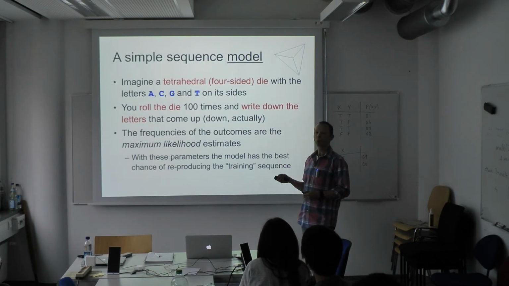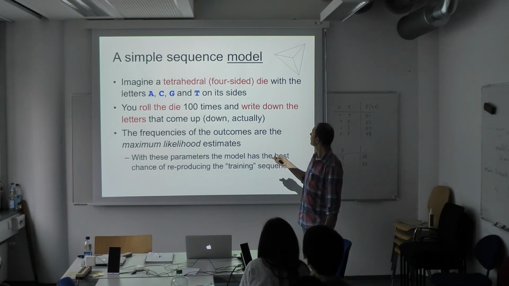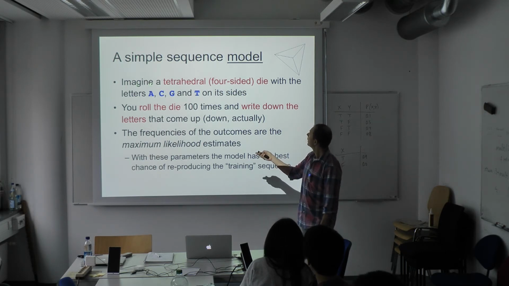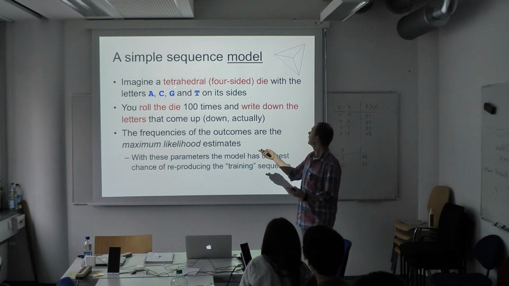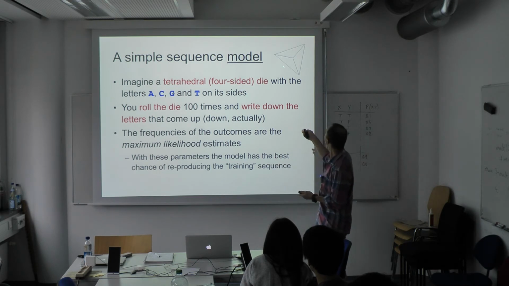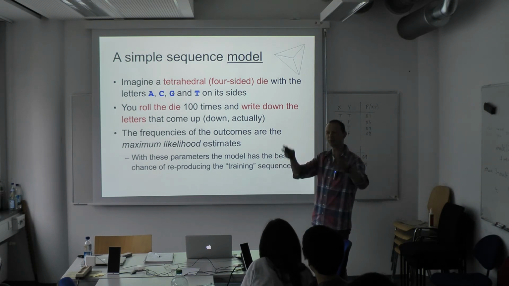So here's the simplest possible example. We're dealing with, again, a die, in this case a tetrahedral, a four-sided die. It would look something like this in the two-dimensional render.